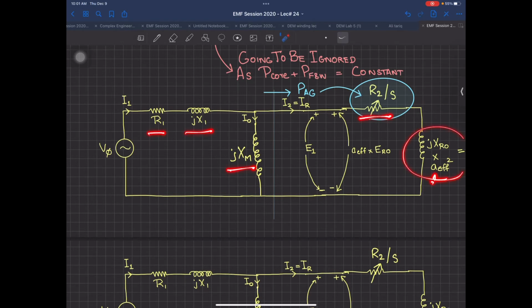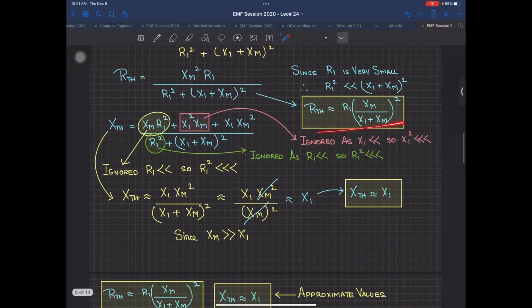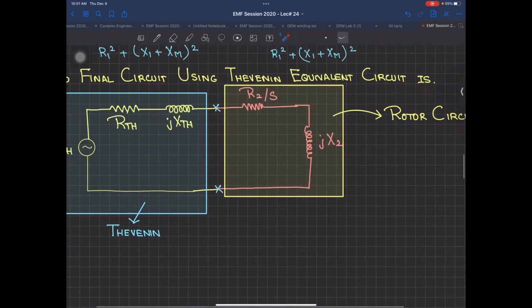Now when all of these values are given and you are asked to give the induced torque, very simply, plug in r1, jx1, jxm, find your z Thevenin or r Thevenin by using these two formulas over here, and build this circuitry over here.